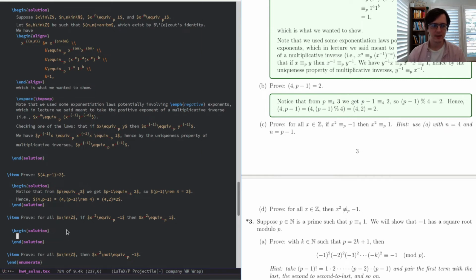So suppose x is in Z and x squared is equivalent mod p to minus 1.